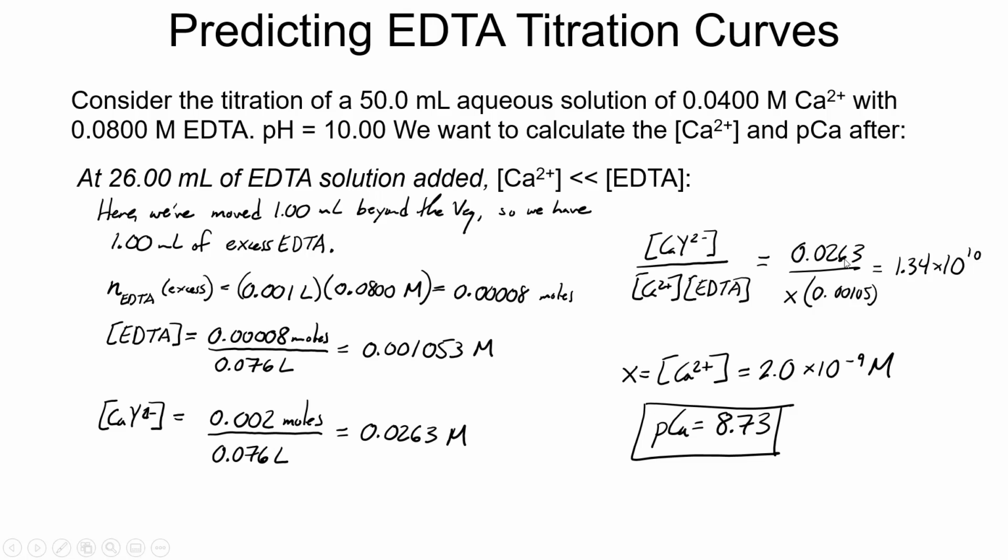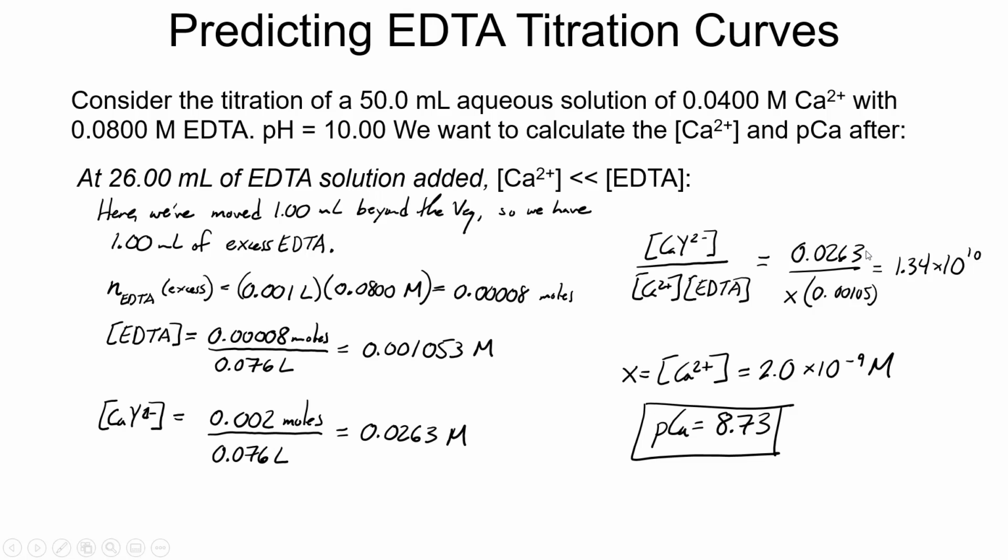It's 0.0263 minus X. Once again, we neglect the minus X in the numerator because the amount of this complex lost to dissociation into calcium and EDTA is quite small. The calcium concentration at equilibrium is going to be X. The EDTA concentration is going to be 0.00105 minus X. Again, we can neglect the X in the EDTA term as well, because that will also be quite small compared to 0.00105.